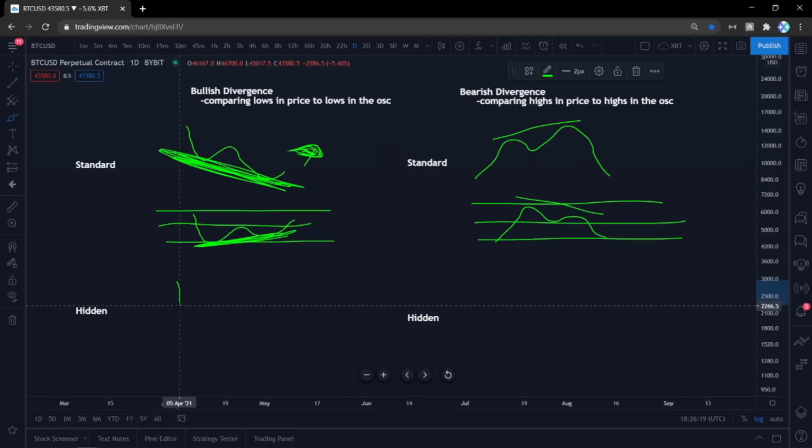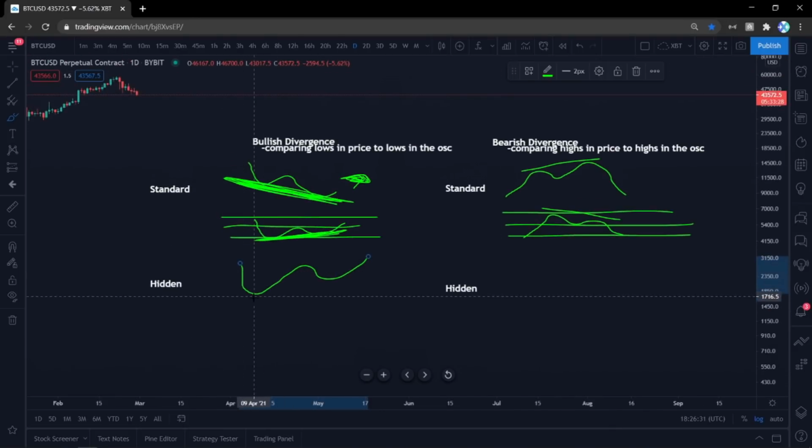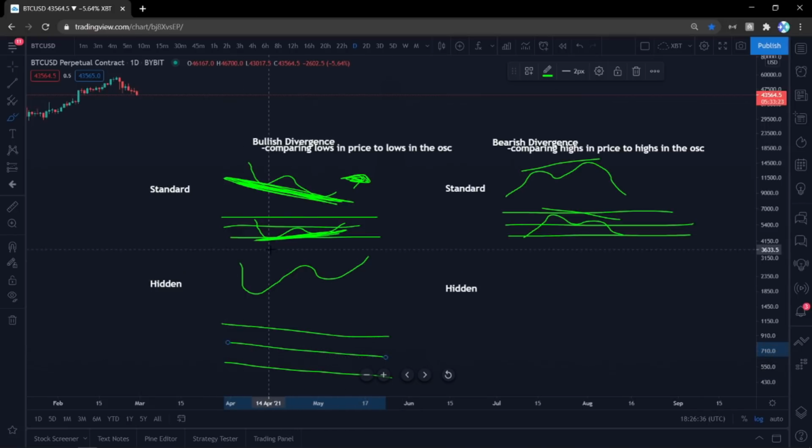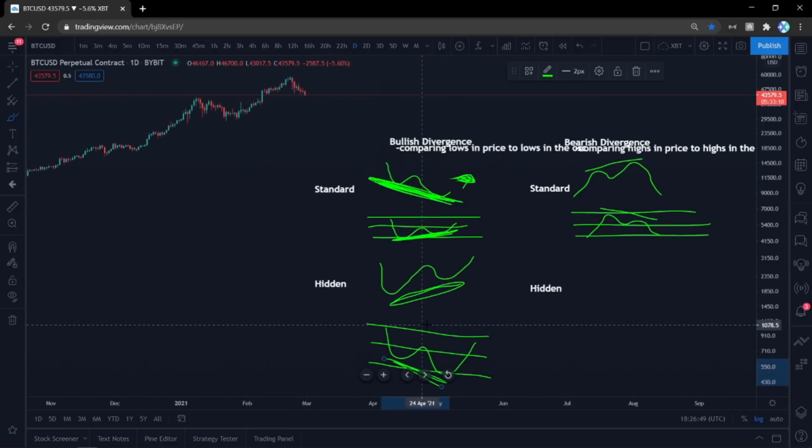So what we'll see is a low and then another low like this. And then what the oscillator is going to do is create a lower low in the oscillator. And so you're going to see this kind of formation like that.